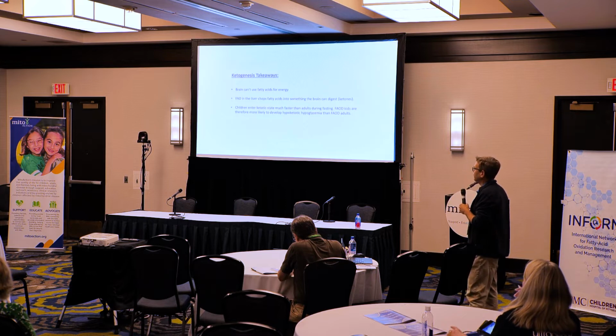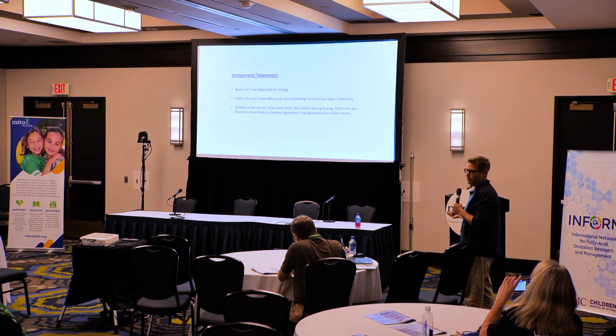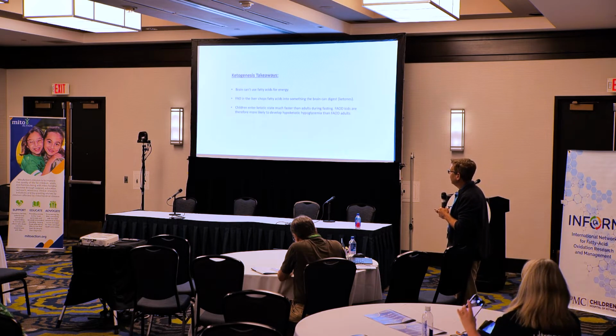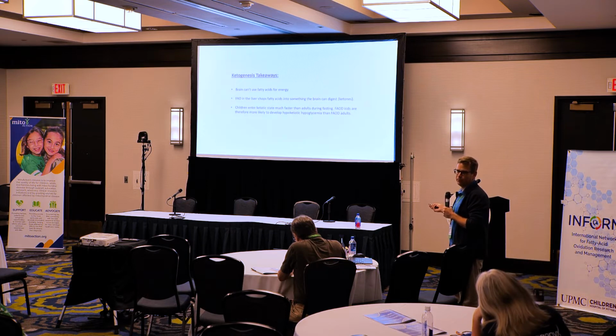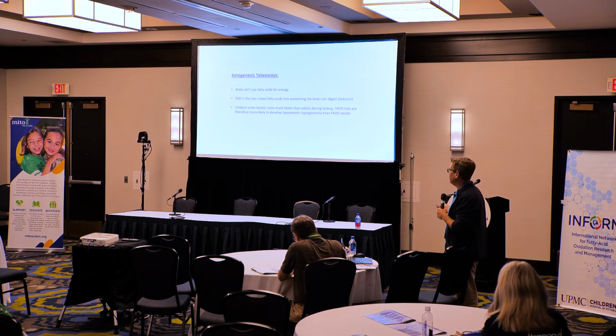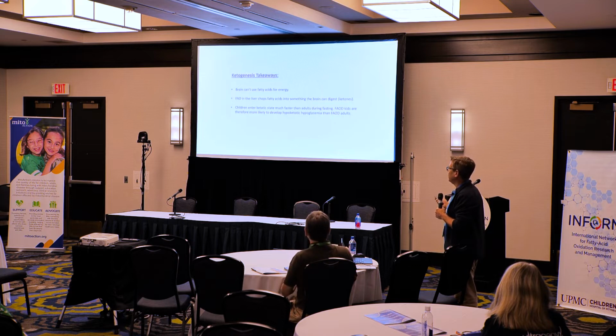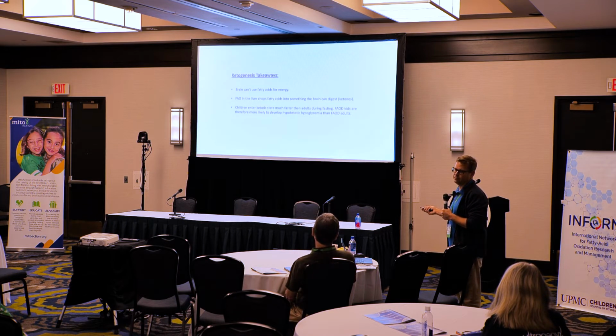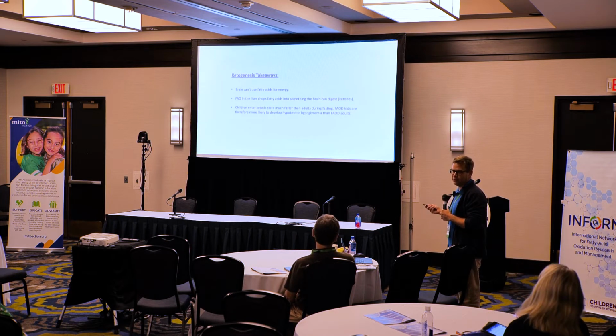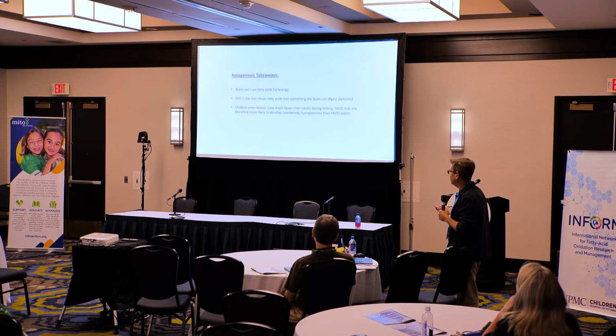So just to summarize what I just talked about regarding ketogenesis, it's an important point that the brain can't use fatty acids for energy. It prefers glucose. If it can't get that, it wants ketones. The fatty acid oxidation pathway in the liver is what provides those ketones by chopping up fatty acids into something that can be made into ketones, which the brain can easily use.